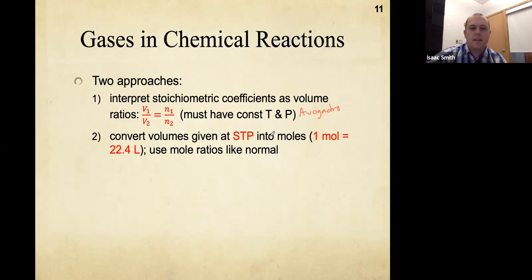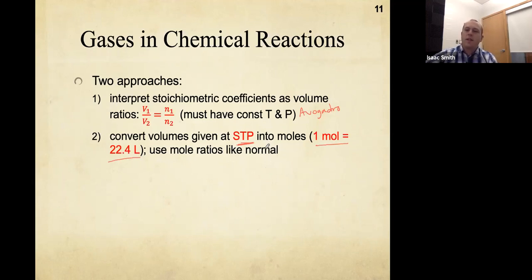And then we also talked about converting volume to moles if you're at STP conditions. That's the one we just did, where at STP, 1 mole equals 22.4 liters of gas. And then you use the mole ratios like normal.